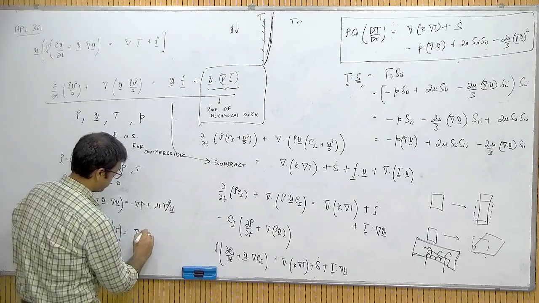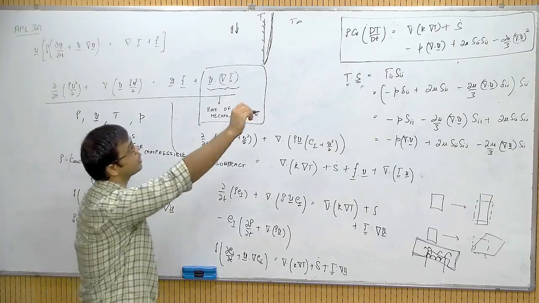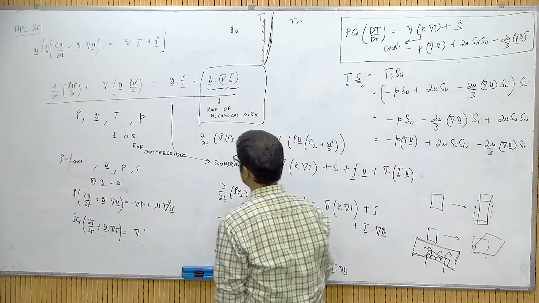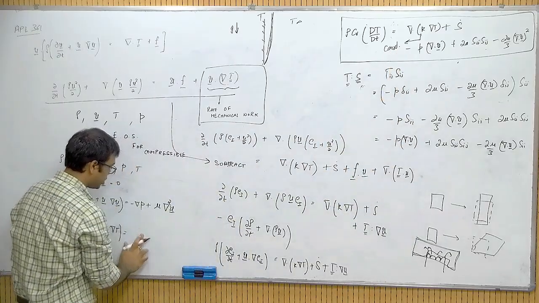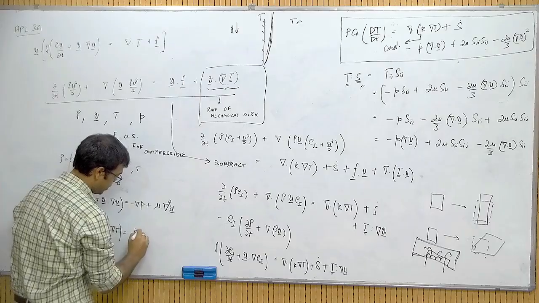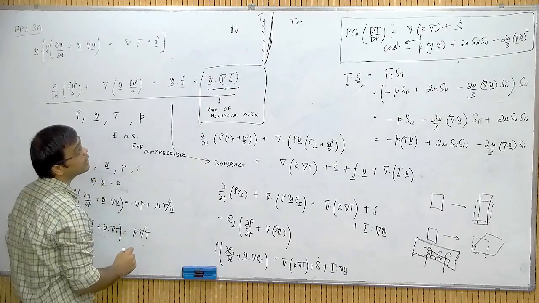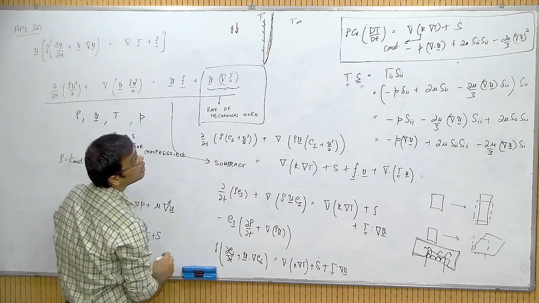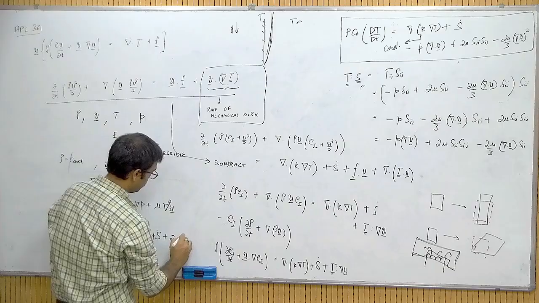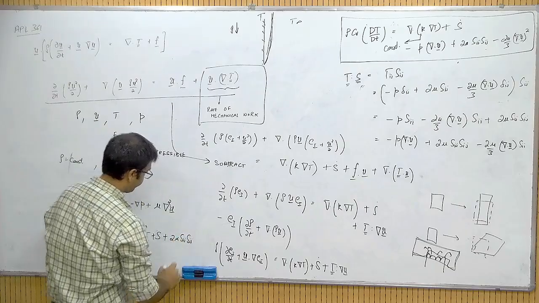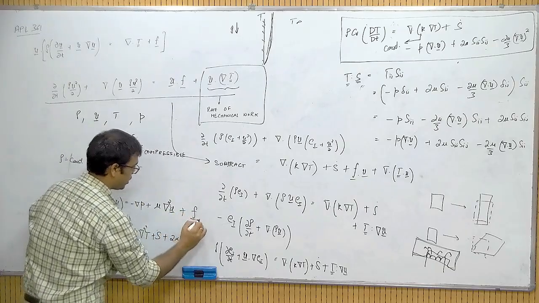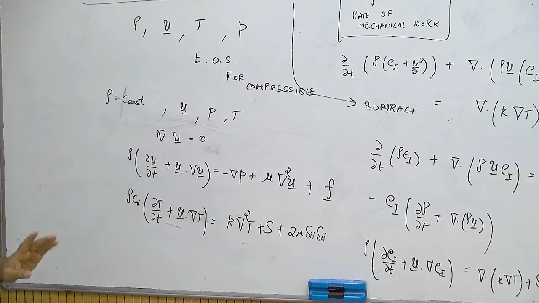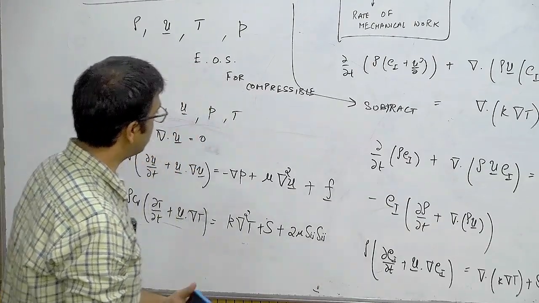Throughout this course, we are going to again take this also as constant. K is going to be constant, just like we are taking viscosity to be constant. The thermal conduction coefficient, I am not going to entertain its variation. So it's going to be K del square T plus some S dot plus 2 mu Sij Sij. Here, if you want, you can write an F, external force.